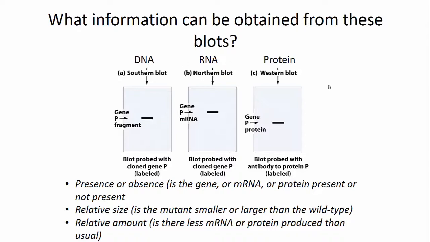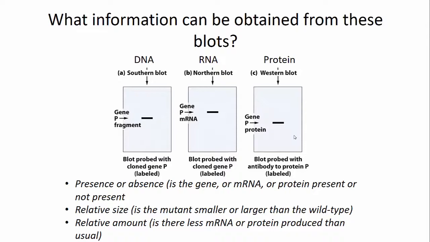If that was the case, you would see that individual having a smaller band compared to the wild type on a southern blot. That deletion mutation would also cause the messenger RNA to be shorter than the wild type messenger RNA, and so that individual would have a smaller band, lower on a gel, of their messenger RNA compared to the wild type version of that gene. Same type of thing would be observed with a protein.